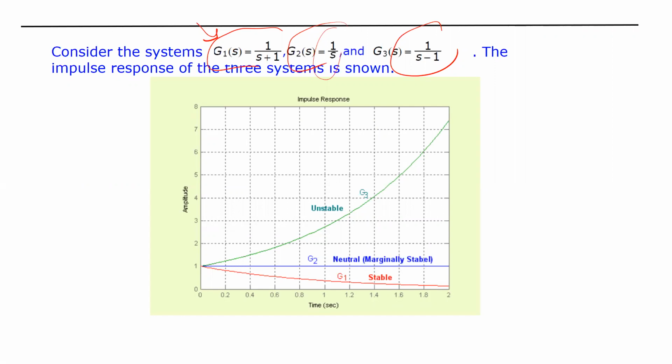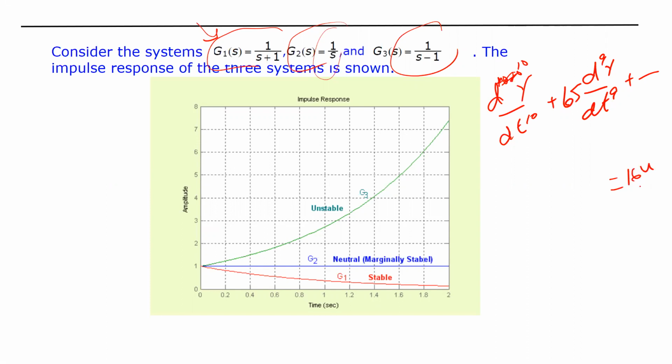Well, usually, Doctor, it's hard to find the transfer function. But suppose you have a differential equation, let's say d to the 10 y over dt 10 plus 65 d to the 9 y over dt 9, and so on, equal to 66 u.